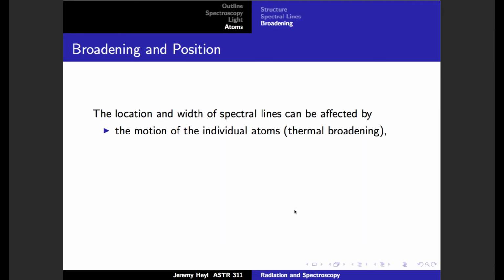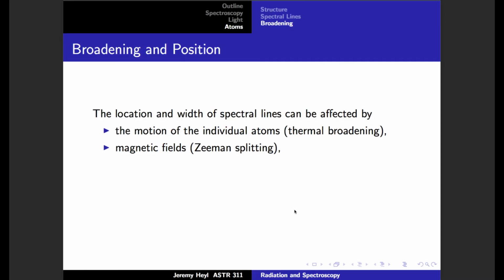So, the location of the spectral lines and the width can depend on how the individual atoms are moving. If the gas is hotter, they're moving faster, and we call that thermal broadening because it has to do with heat.